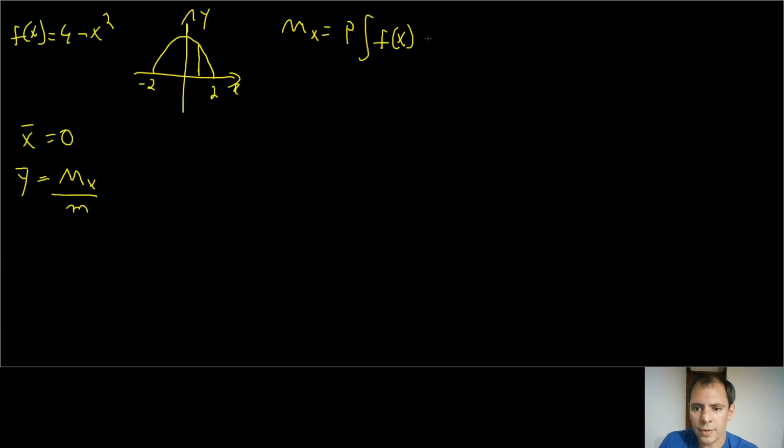So it'll be f of x minus g of x, which is this thing here, times dx. This f of x minus 0 times dx will give you the area. The integral of this will give you the total area, times the density will give you the mass.